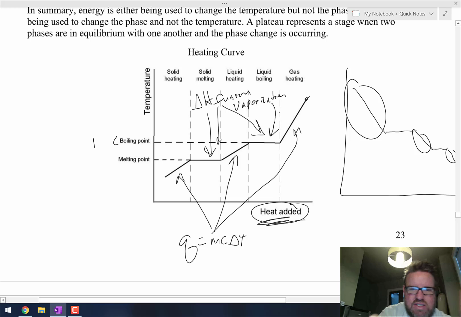So let's say you're going from this point all the way to this point. Then you would use Q equals mc delta T for that part, and then add it to the enthalpy change for that part right there.